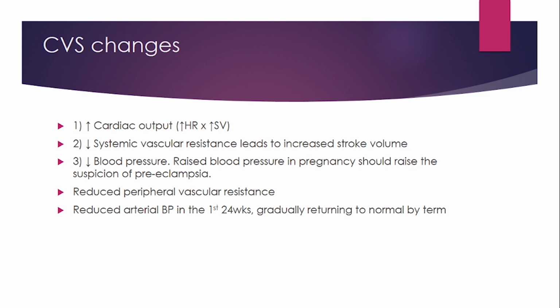However, when we have a raised blood pressure in pregnancy, it should raise the suspicion of preeclampsia. We have reduced peripheral vascular resistance, and there is a reduced arterial blood pressure in the first 24 weeks of pregnancy. But after this period, it gradually returns to normal by the time the woman is at term.